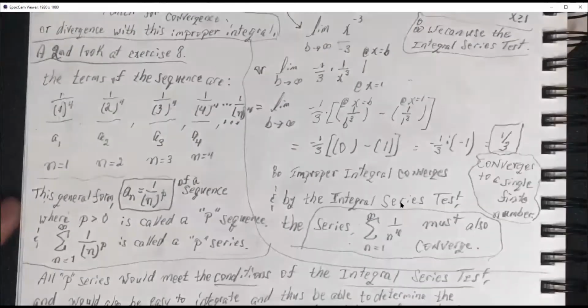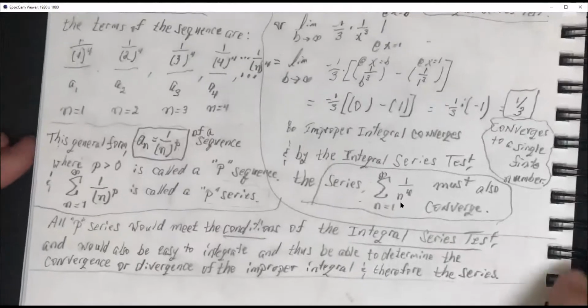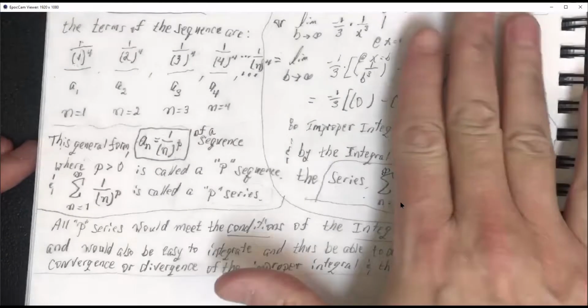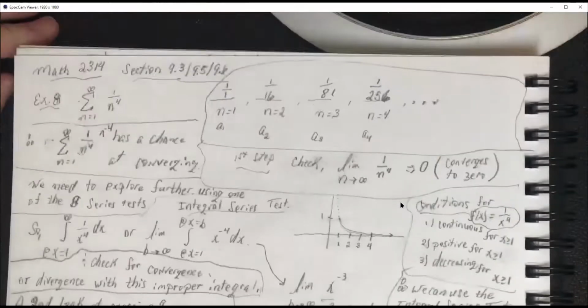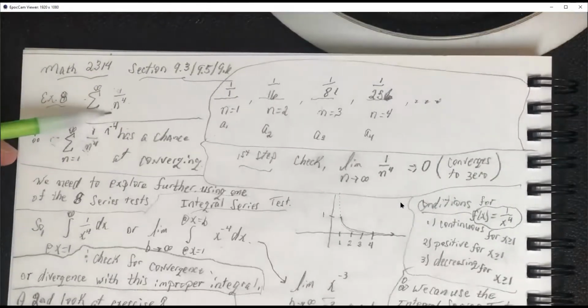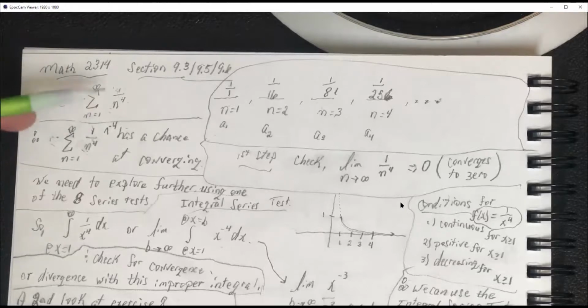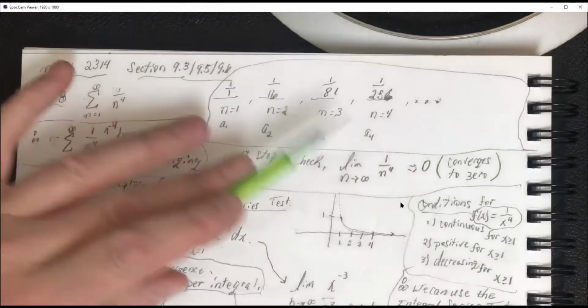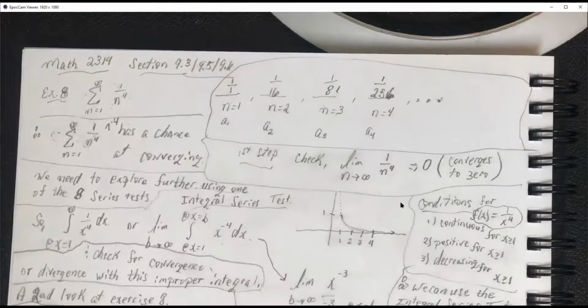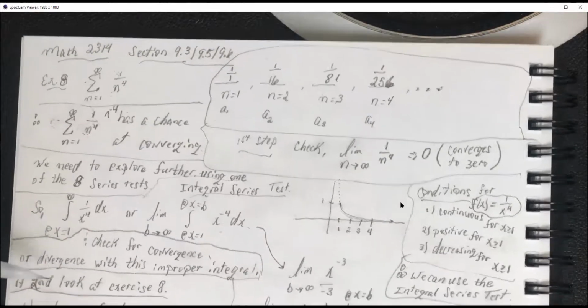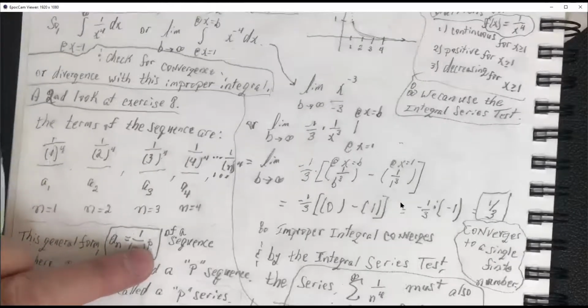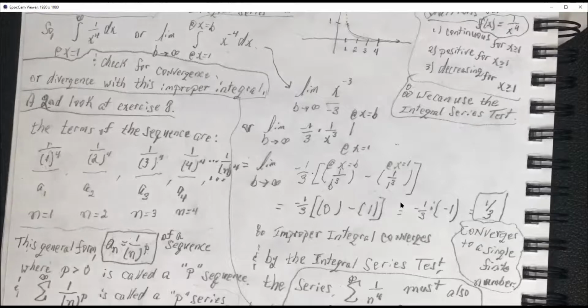Now I'm going to try to make the connection with what we did up here, because this problem, 1 over n to the 4th, is a P sequence. It has this form of 1 over n to the P, which happens to be 4 in this problem.